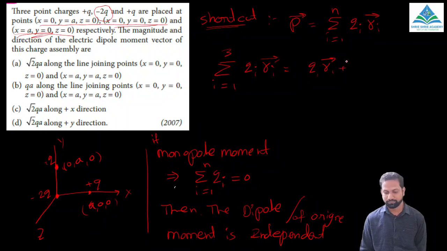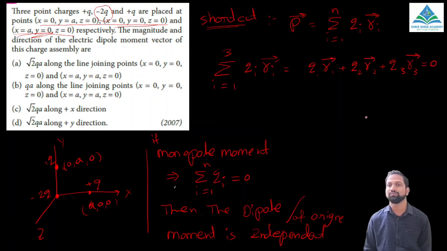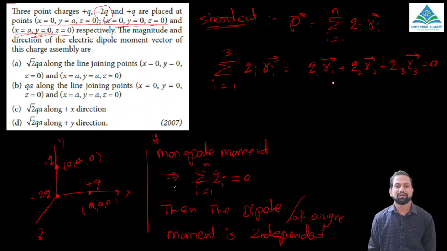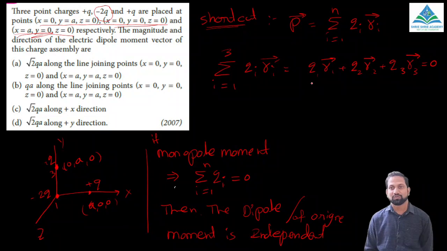plus q2 into r2 vector plus q3 into r3 vector. Now r1 is a position vector. Let us consider the first charge is at the origin, the second charge is on the x-axis, and the third one is on the y-axis. So q1 is minus 2q, r1 is 0 i cap plus 0 j cap plus 0 k cap.